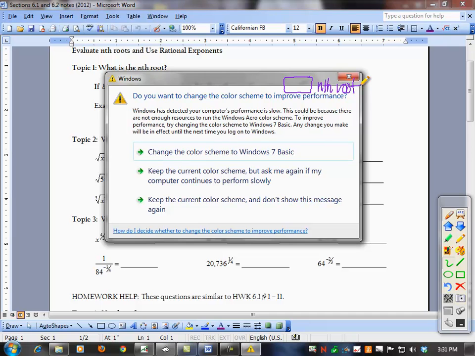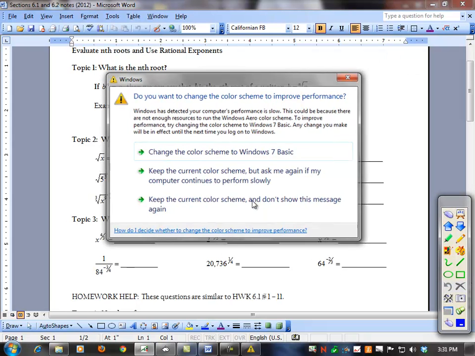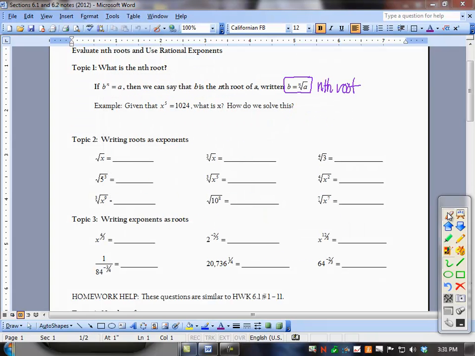Okay? Now, as we go through, we're going to take a look at the first example. I know that if x to the 5th is 1024, if I want to find the value of x, to get rid of a 5th power, we take a 5th root. Okay, so we're going to take the 5th root of both sides.